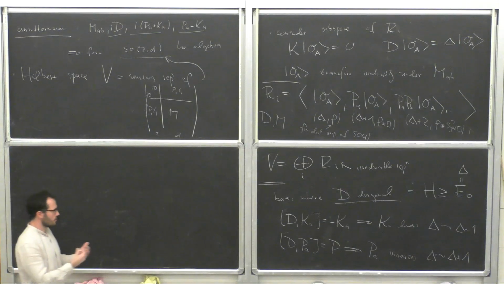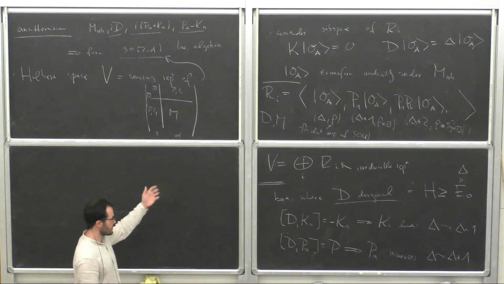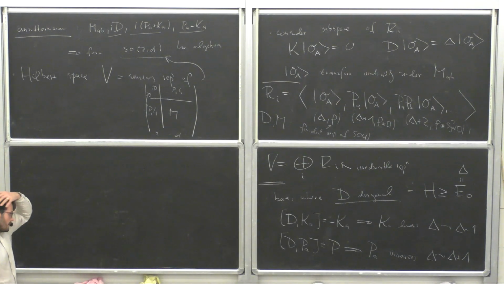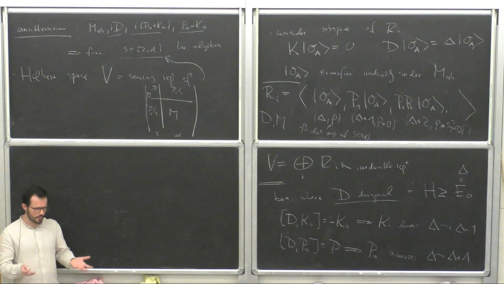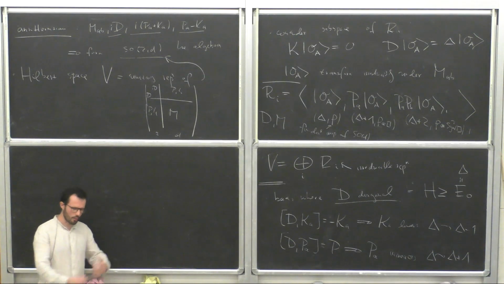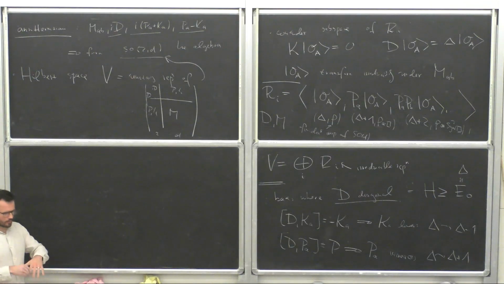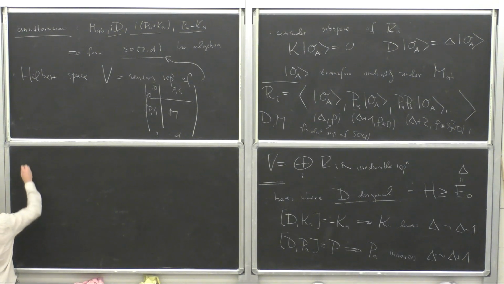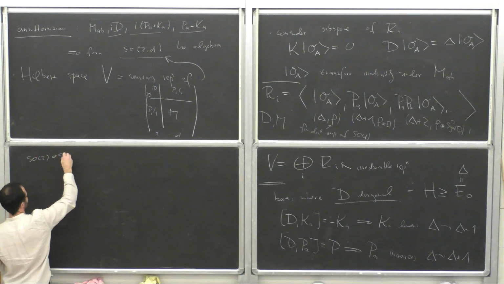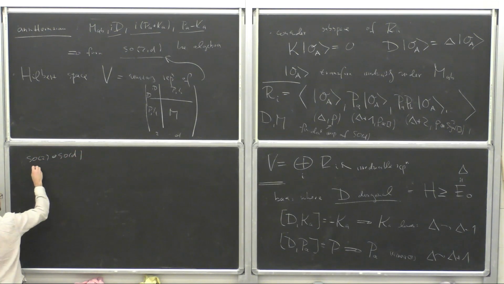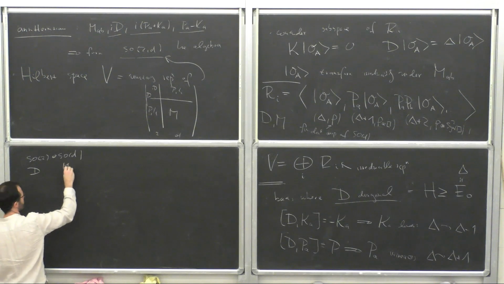So we are trying to construct representations of the algebra, and we want to start by starting with some lowest weight vectors and applying raising operators to them.